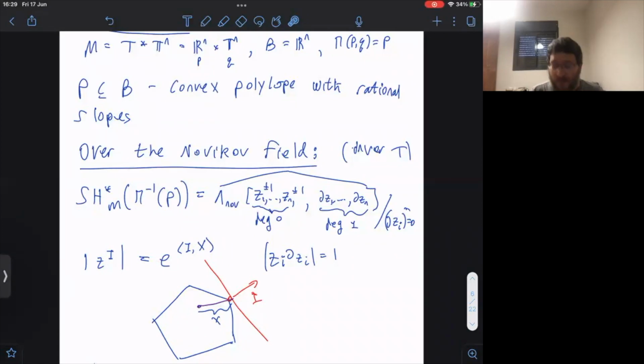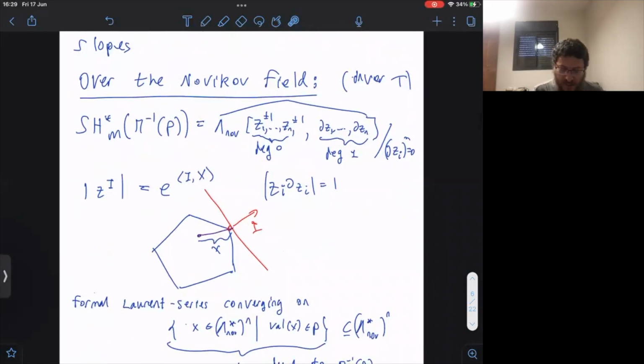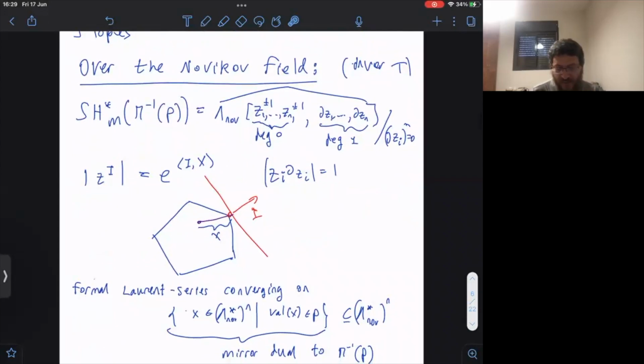A better way of thinking about the norm is the following. When you have a polygon like this, it also defines some domain inside a certain rigid analytic variety, which is just the Novikov ring minus the origin, to the power of n.